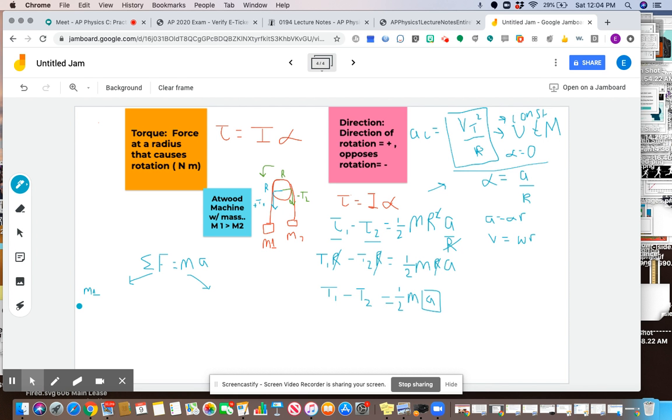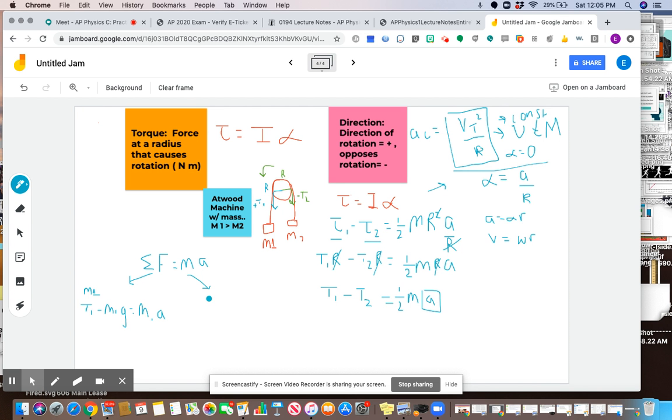So for mass 1, when we sum the forces in the y, we technically have T1 minus M1G equals M1 times A. Do you want me to show the work for that, guys? I'm good.